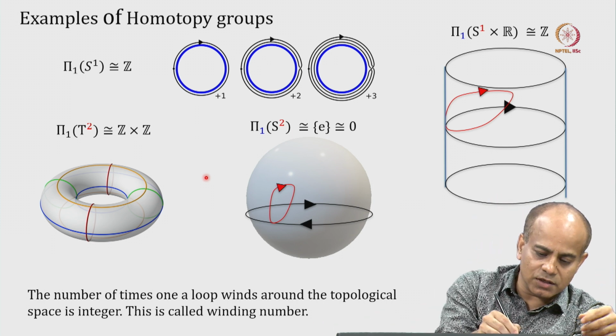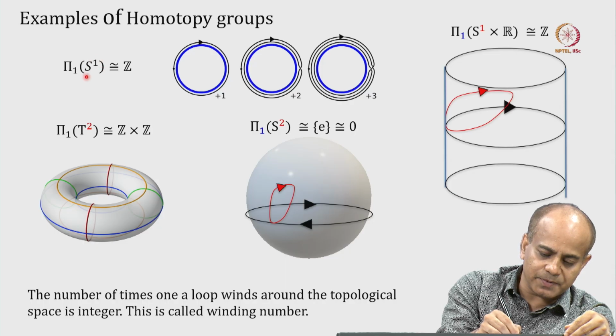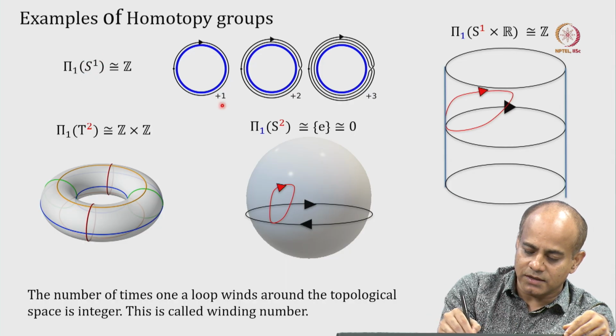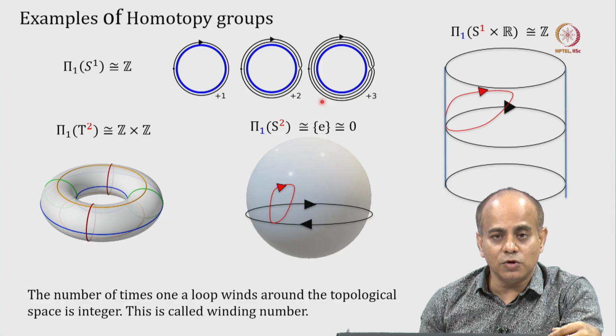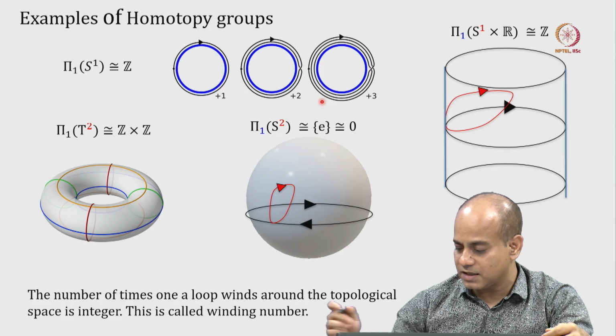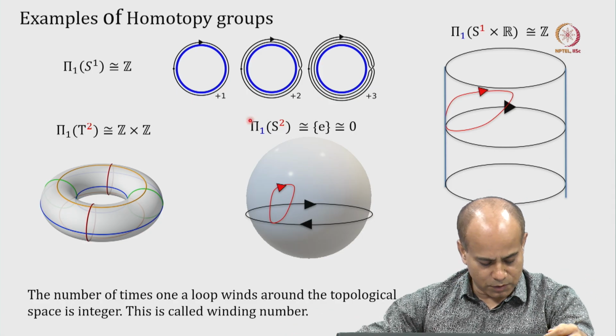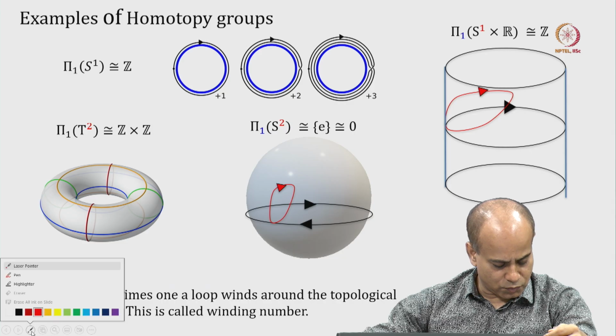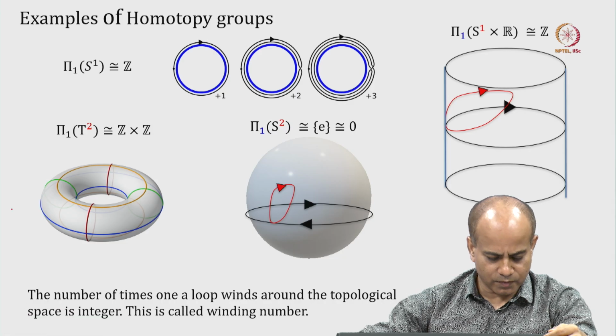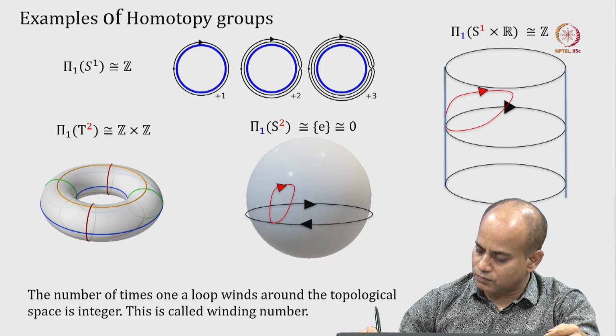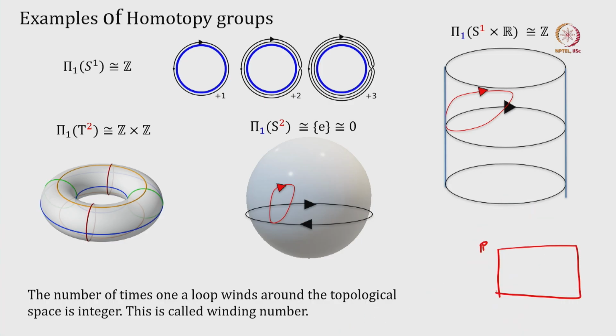So this is a non-trivial topological space, and you will see that this has a different set of loops. But let me go back to an even simpler topological space, which is R, any real number, and let me take R2.